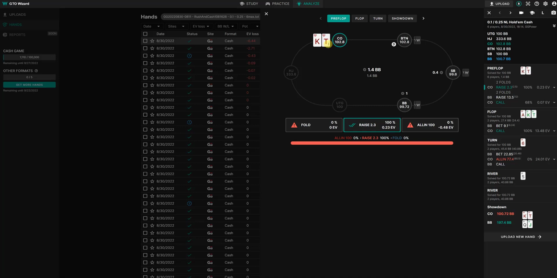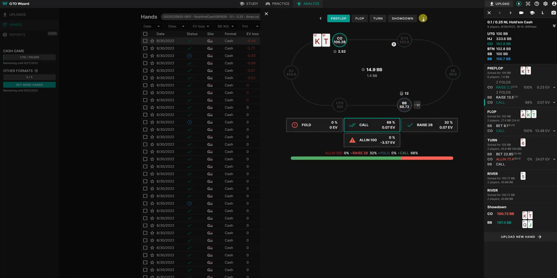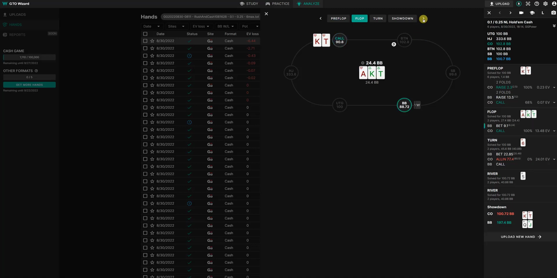So I'm in the cutoff with King 10 of hearts, and I raise it up about 2.5, which seems reasonable. He 3-bets to a fairly big size, 12. Never folding, calling 68% and raising 32%. So I call from memory, and the flop comes ace of hearts, king of clubs, 10 of clubs.